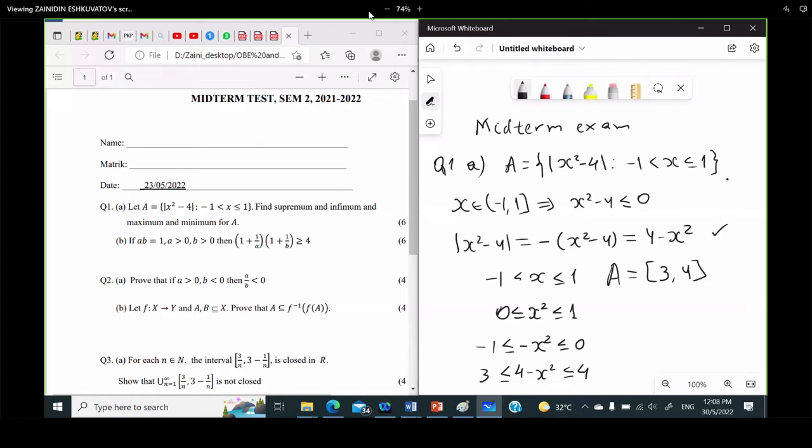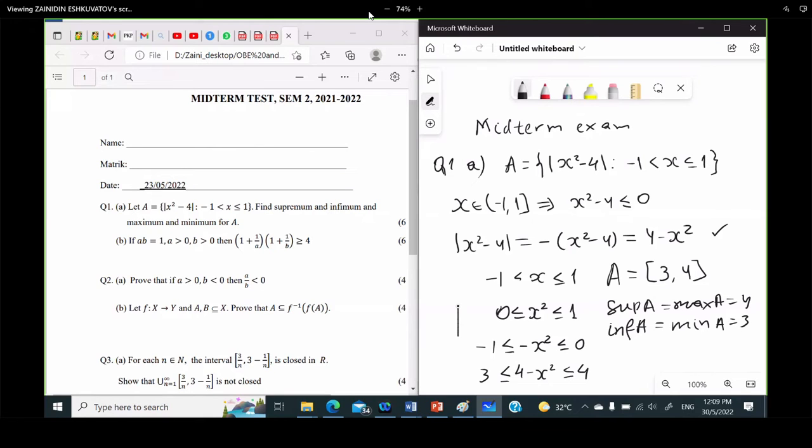So that's why after closed interval, we know supremum of A, maximum of A has the same value, which is 4. Infimum of A and minimum of A is the same, which is 3. Okay?